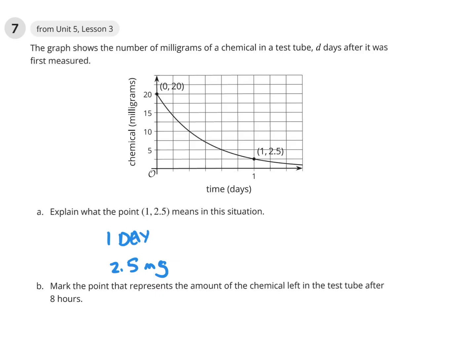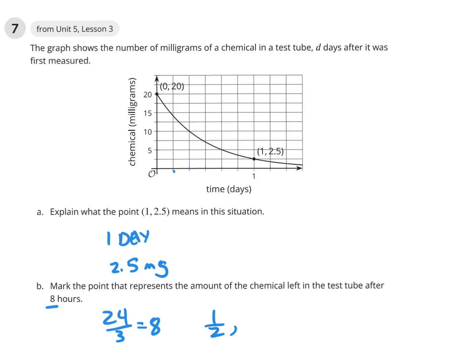So we could get our decay rate and all that stuff, but I don't know if they want that. So 8 hours. If there are 24 hours in a day, if we divide this by 3, we get 8. So mark the point that represents, so 1/3 is our exponent. 1/3 is our x value.